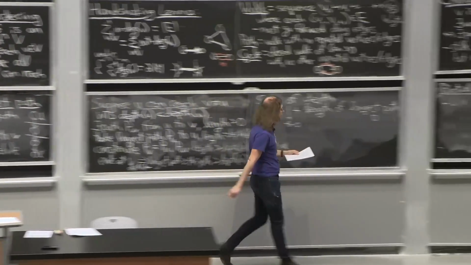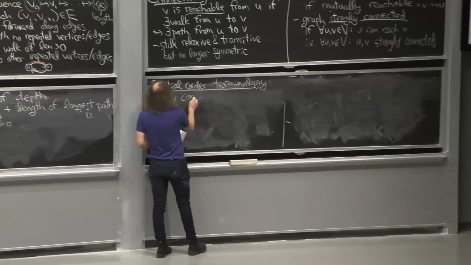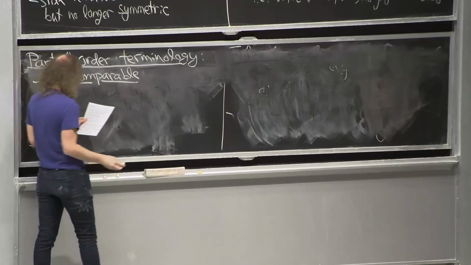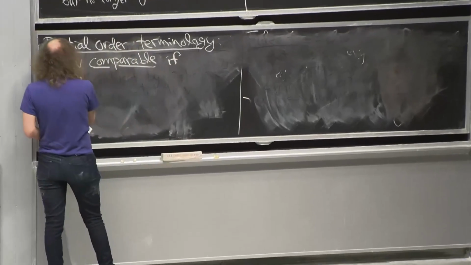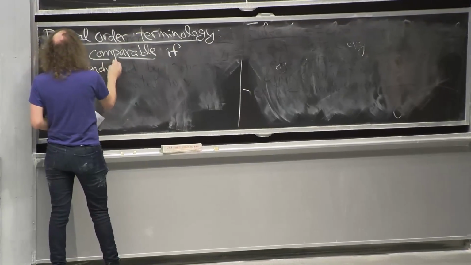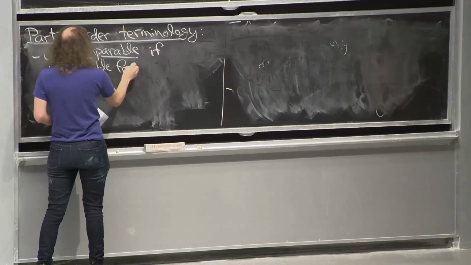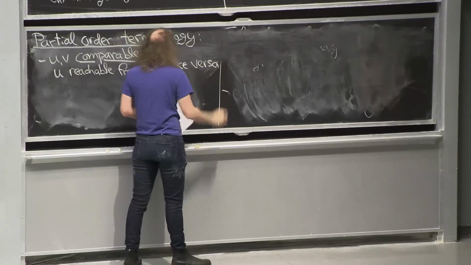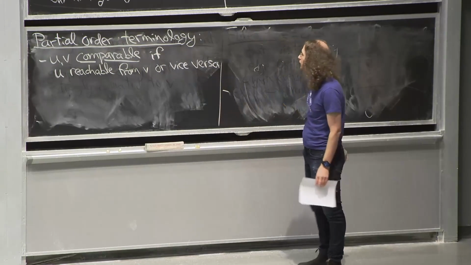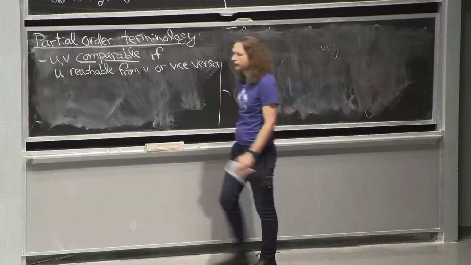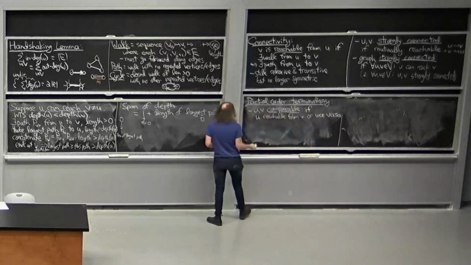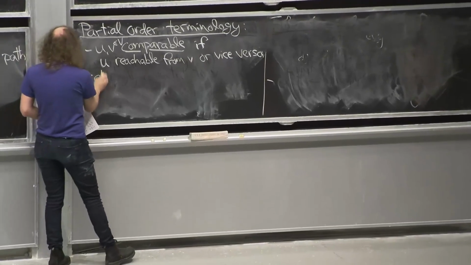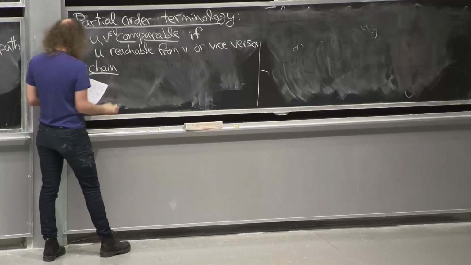So let's define a notion of comparable, meaning there is a precedence relation between them in one direction or the other. So either u is reachable from v or v is reachable from u. In either case, we call u and v comparable. And otherwise, they're not comparable. These are vertices. All right, so there's two complementary notions I want to define.